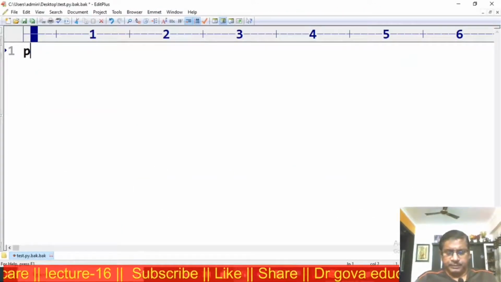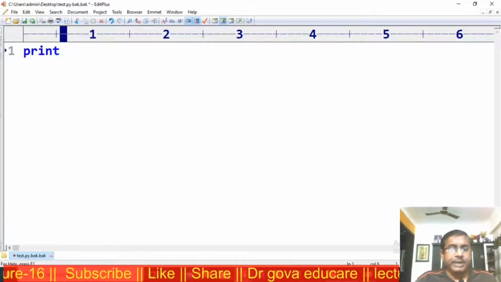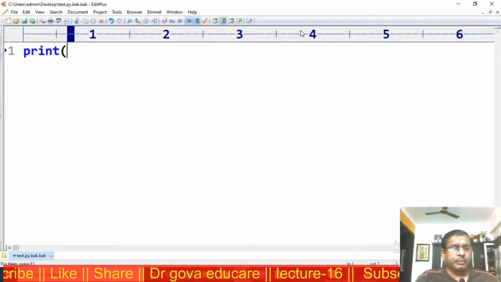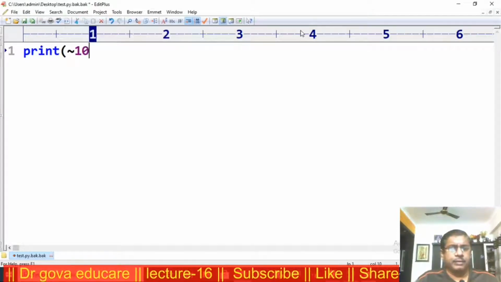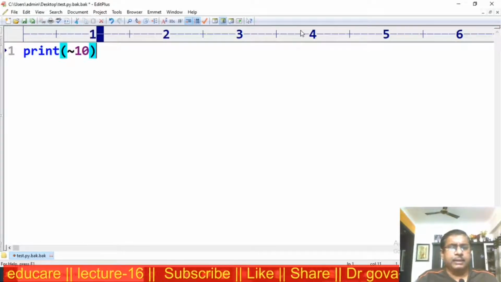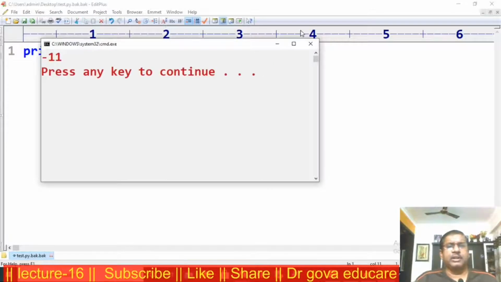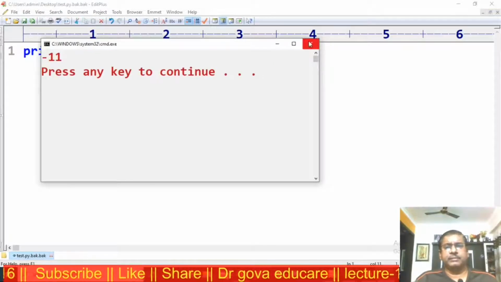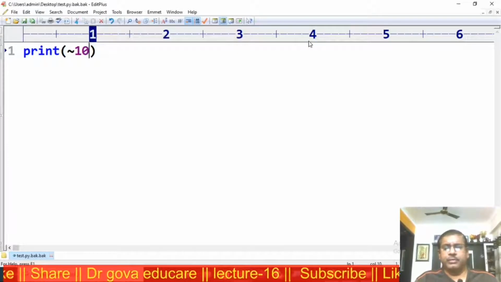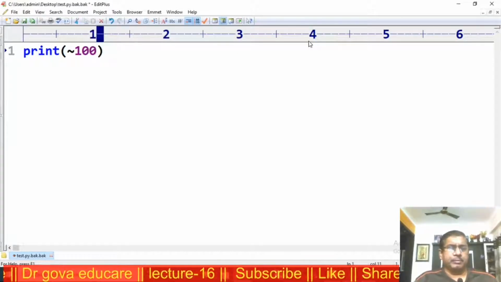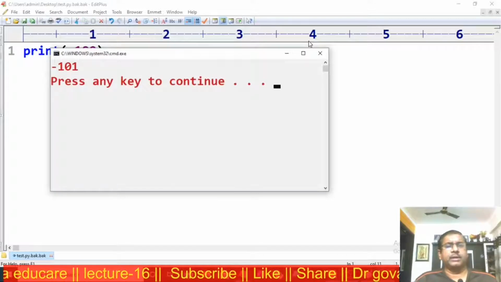We say print of the complement of 10, and it is minus 11. Similarly, the complement of 100 is minus 101.